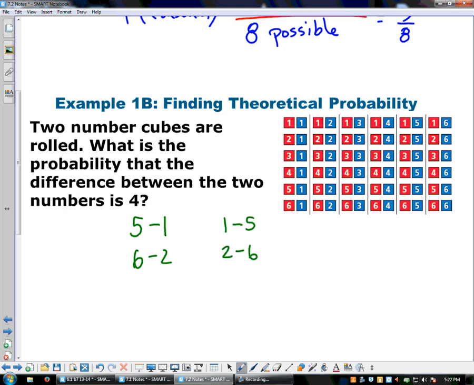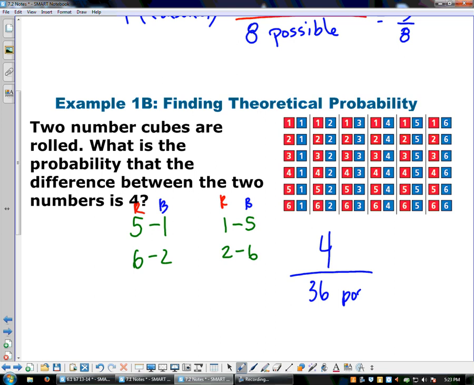So it looks to me like there's only 4 different ways to get the number cubes to have a difference of 4, out of how many possible combinations there are altogether.